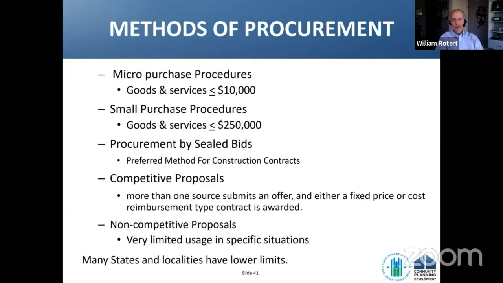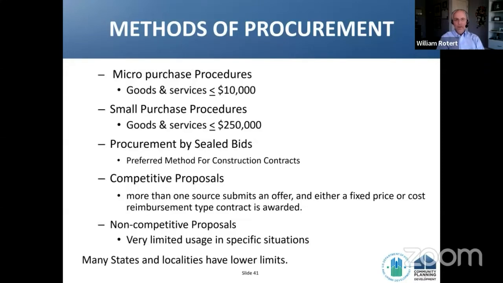I think an important thing to keep in mind, though, is when you're using competitive proposals, you're not required to award the contract to the lowest bidder. Cost is a factor. Cost is definitely a factor, but it need not be the controlling factor. Because again, you're dealing with professional services and a lot of other issues like experience and track record and things like that come into play.